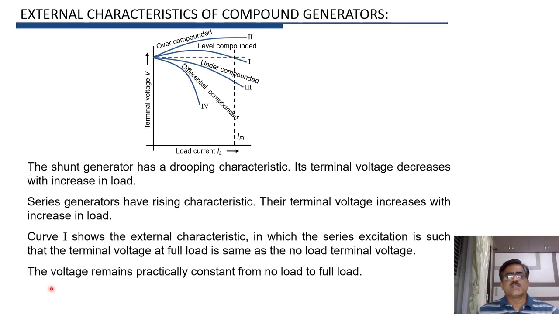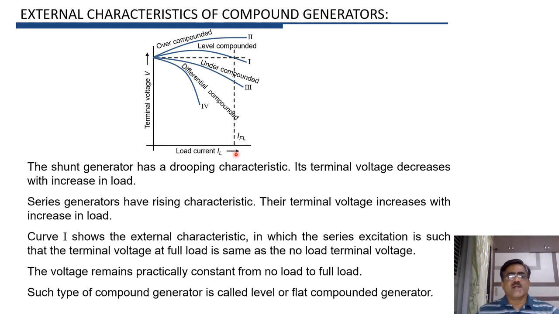So in this case, the voltage remains practically constant from no load to full load. Such type of generator is called as level compounded or flat compounded generator. So this curve 1 shows the external characteristic of level compounded generator.